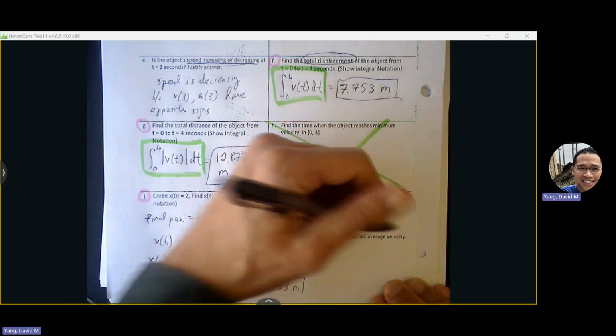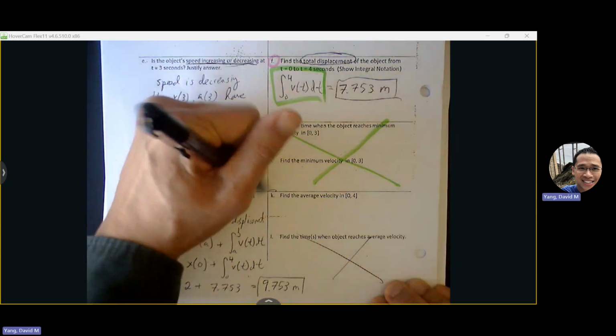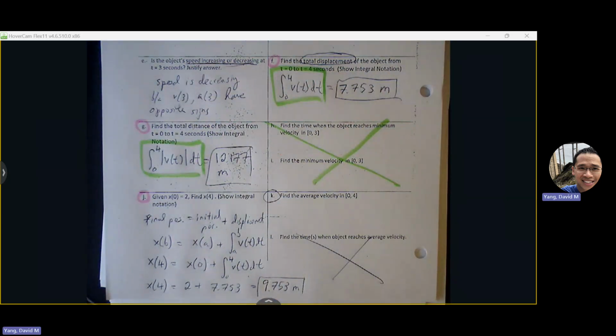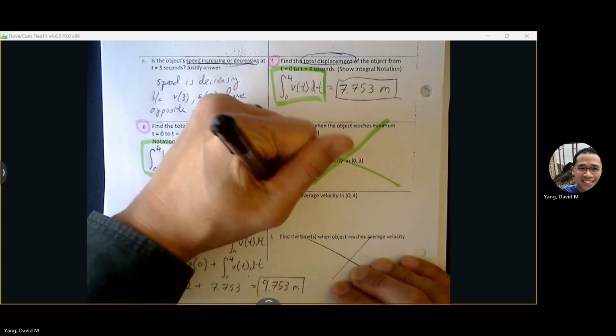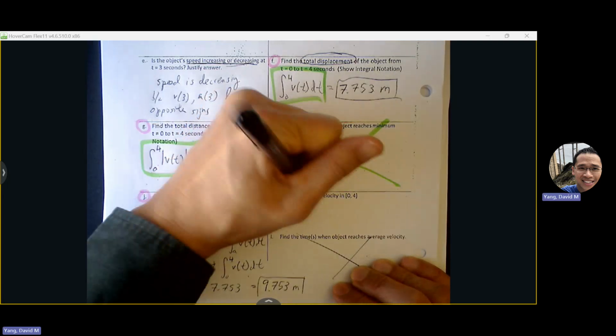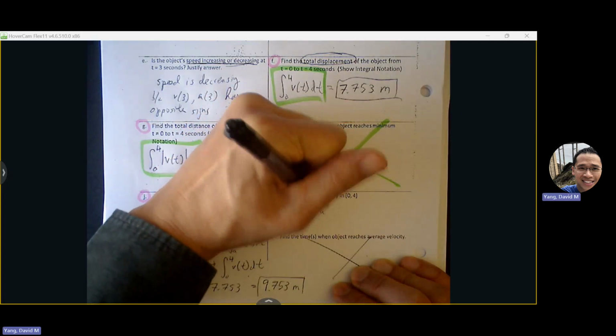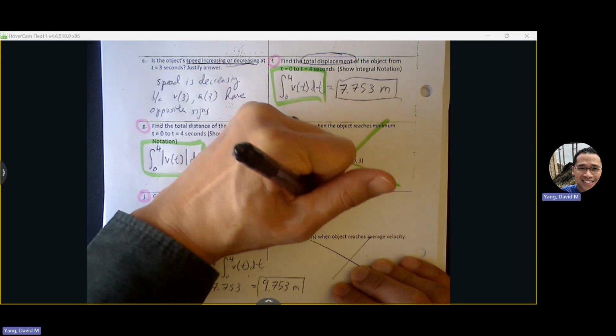Okay, we're going to skip L and look at K. So K says find the average velocity. So average velocity, that reminds us of average value. So we're going to find the average value of velocity. So f of c is equal to 1 over b minus a, integral from a to b of v of t.